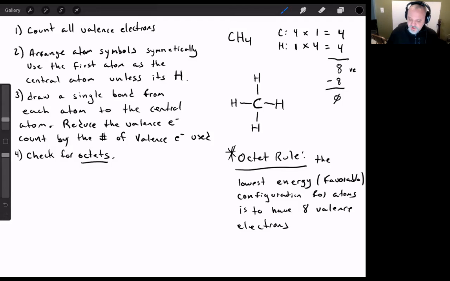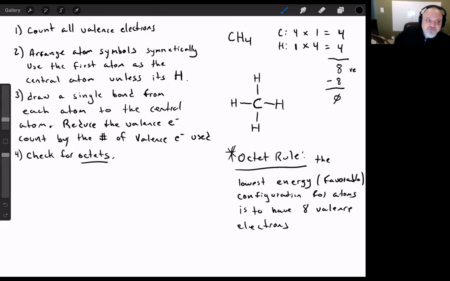And so I don't know why we call it the octet rule, since it's really the octet exception. But in introductory chemistry, rule isn't too bad because you don't see the exceptions too often. But there is an exception here with hydrogen. So generally atoms want 8 electrons, but one of the exceptions is hydrogen. It only wants 2 electrons.